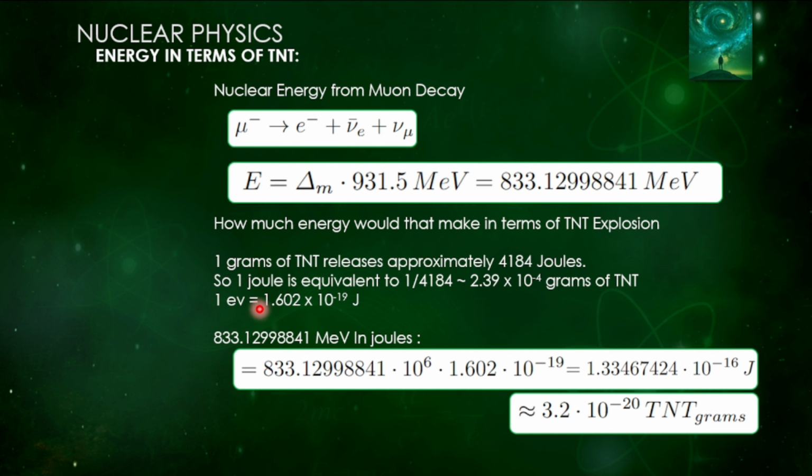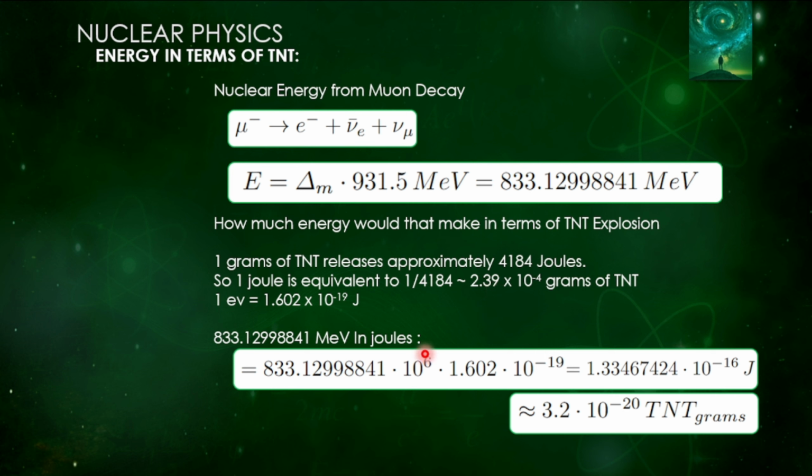So 1 electron volt is equal to 1.602 times 10 to the power minus 19 joules. So we are about to convert from mega electron volt to joules to TNT grams. So let's convert 833.12998841 mega electron volts to joules.